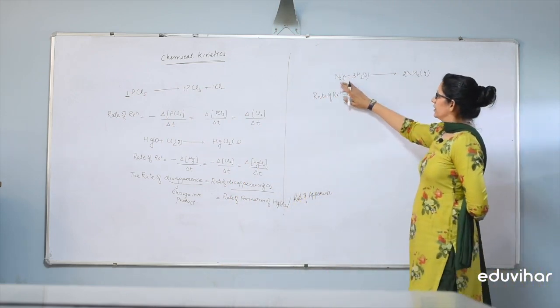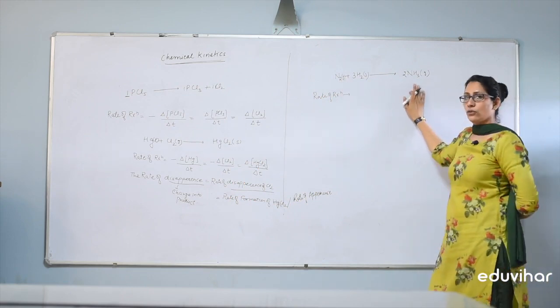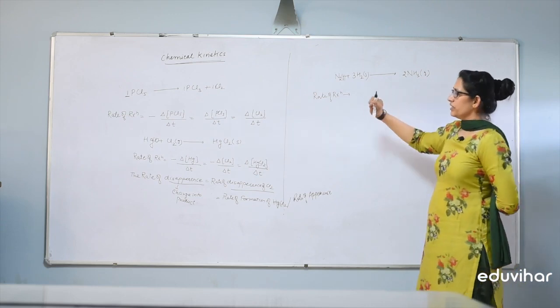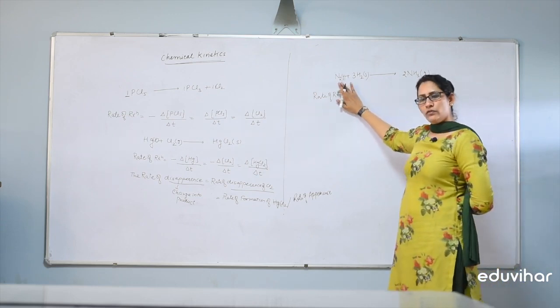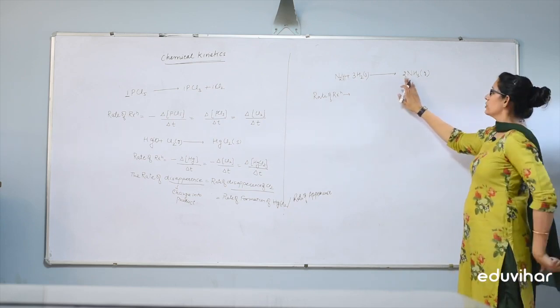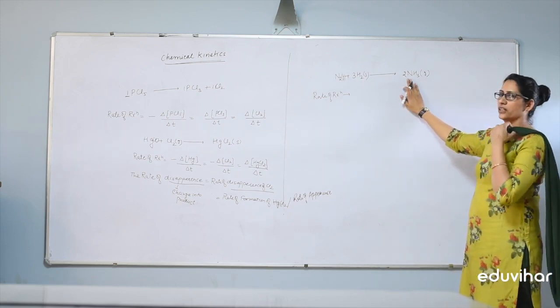But what happens when the stoichiometric coefficient is not equal to 1? What does this reaction describe? It describes that 1 mole of nitrogen reacts with 3 moles of hydrogen, then 2 moles of ammonia are formed.